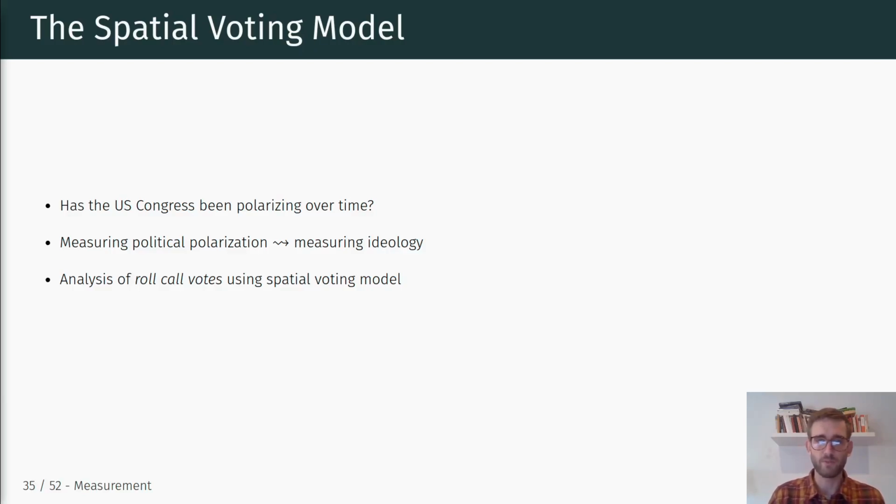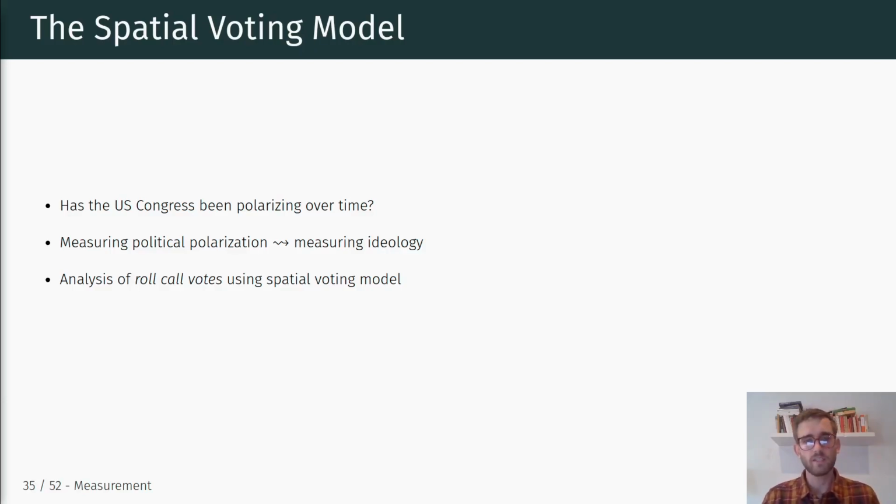So, for example, if we wanted to answer the question, has the US Congress been polarizing over time? If we look at today's politics, this almost seems like a trivial question, but it's still important to be able to quantify how it polarized over time, to what extent it polarized, and to what extent maybe this process is also reversible, right? So ultimately, if we want to measure political polarization, what we need is a way to measure ideology.